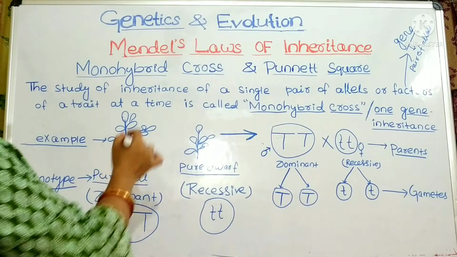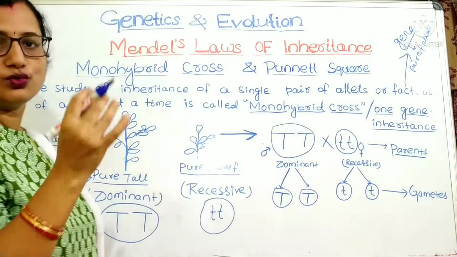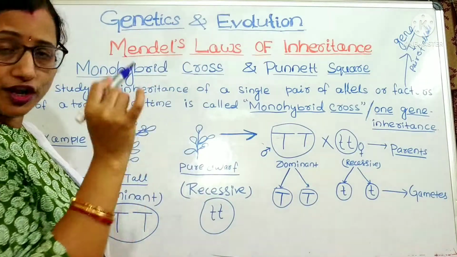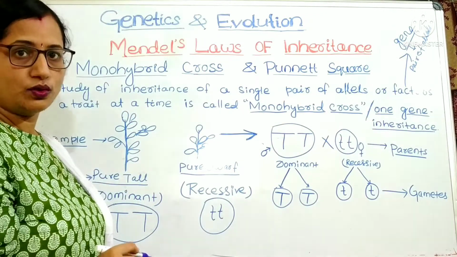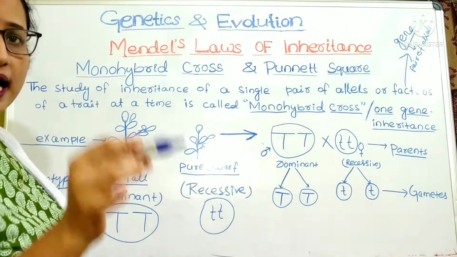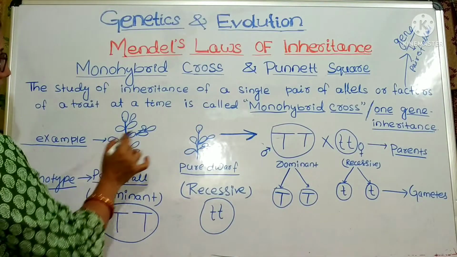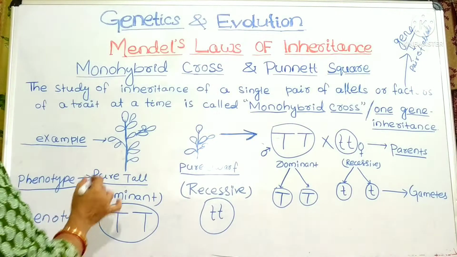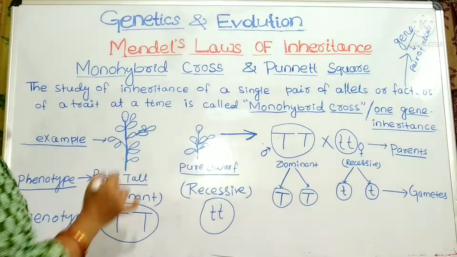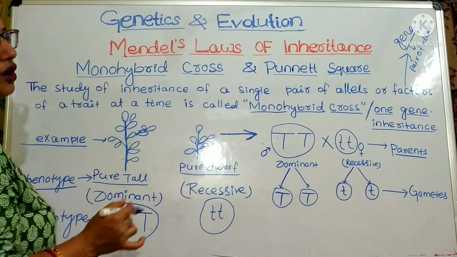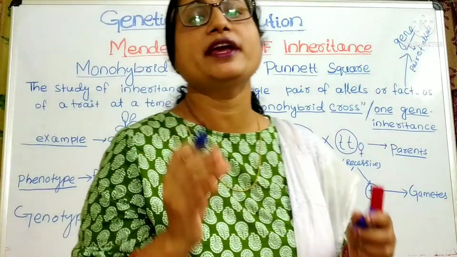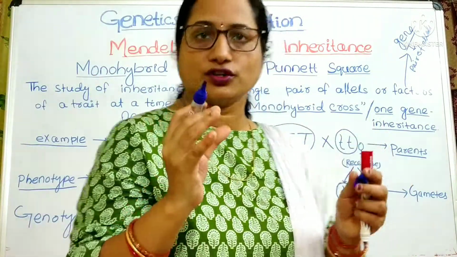Here we will cross these two plants for the study of a single character, that is height. Mendel crossed these two plants, pure tall and pure dwarf, to carry out the experiment of monohybrid cross.